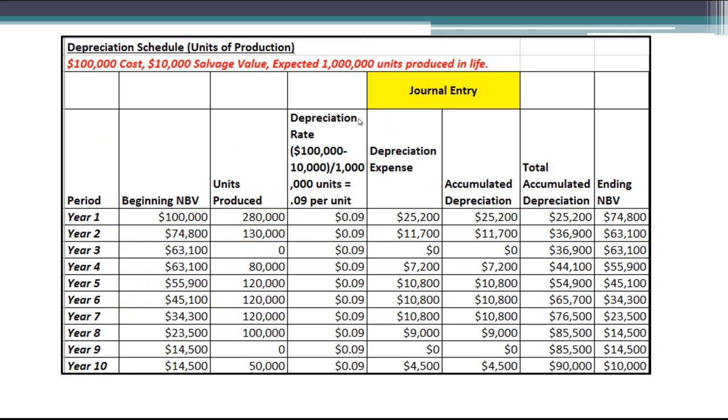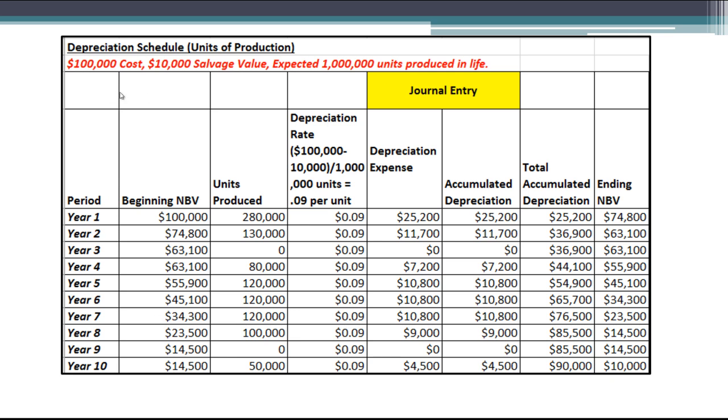So let's take a look at what that depreciation schedule would look like for the units of production depreciation. Let's say in this example we have $100,000 cost, $10,000 salvage value, and we expect this equipment to give us a million units throughout its life. And keep in mind, this might be multiple pieces of equipment that we're lumping together, whatever the case may be.